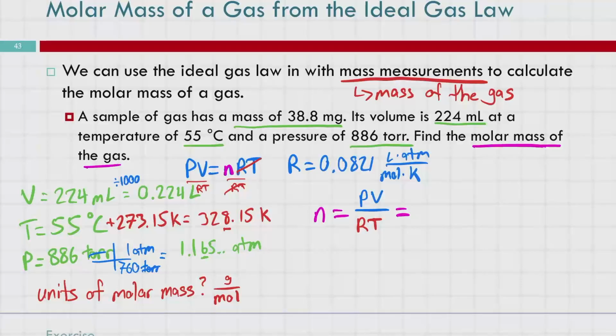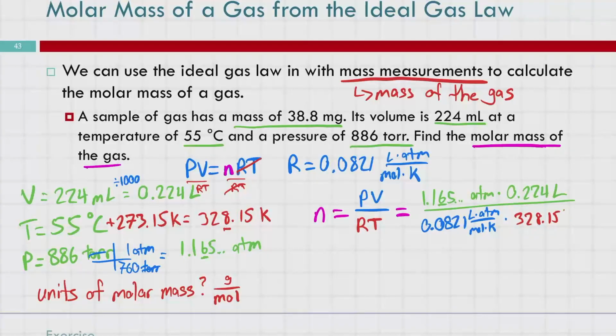So now we plug in our numbers. 1.16 and change atmospheres times our volume 0.224 liters over our R value, liters atmospheres per mole Kelvin, and 328.15 Kelvin on the bottom.